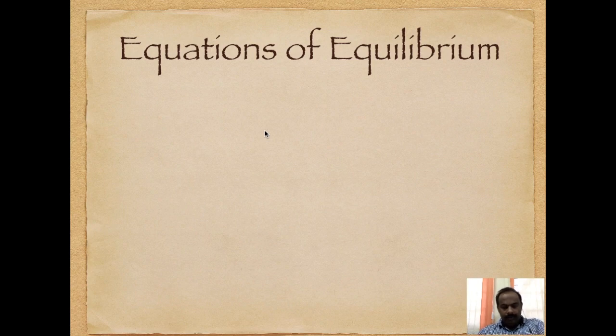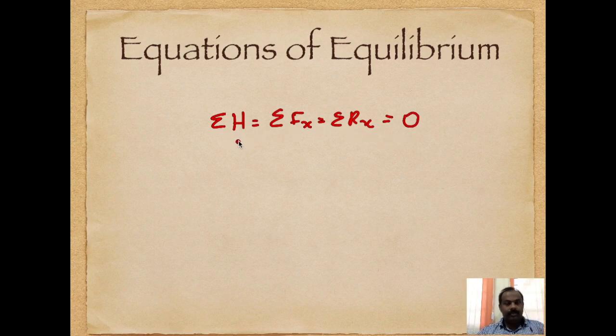In that we take sigma H, or sigma Fx, or sigma Rx, depending on the book you are using, as 0, which is the horizontal component. The summation of the vertical, sigma Fy or sigma Ry, is also equal to 0. Each should be 0 separately. Then only the condition of equilibrium will be met.